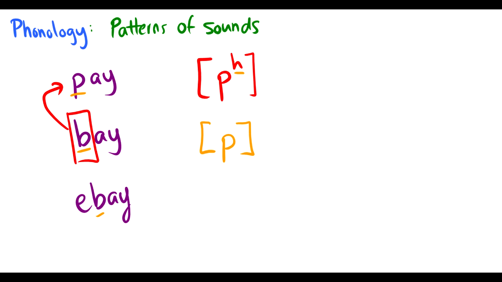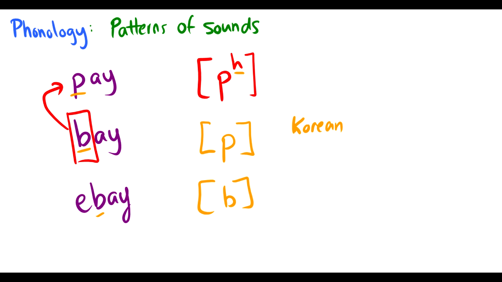So, for instance, B and P are pairs, where the only difference with a B is that you're vibrating your vocal cords, for a P, but we just don't aspirate it. So we hear it as a B, and we think we're making a B sound, but we're actually just making an unaspirated P.